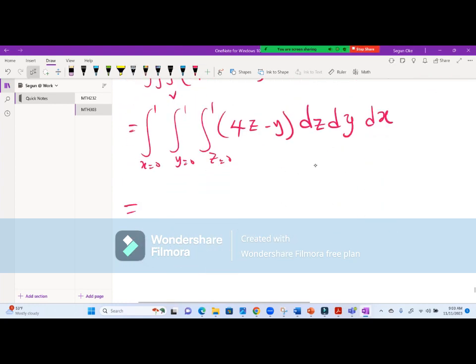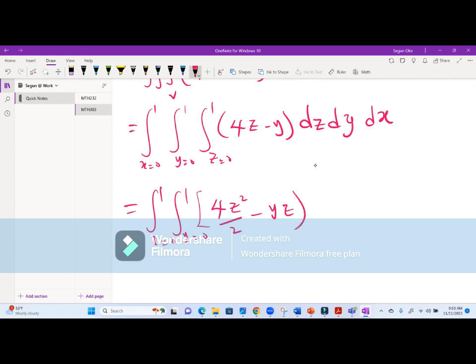So all we need to do is integrate the first time. Let's keep the x from 0 to 1, y from 0 to 1. Let's integrate what is inside with respect to z. We have 4z squared over 2 minus yz, from 0 to 1, making it what? Then dy, dx.